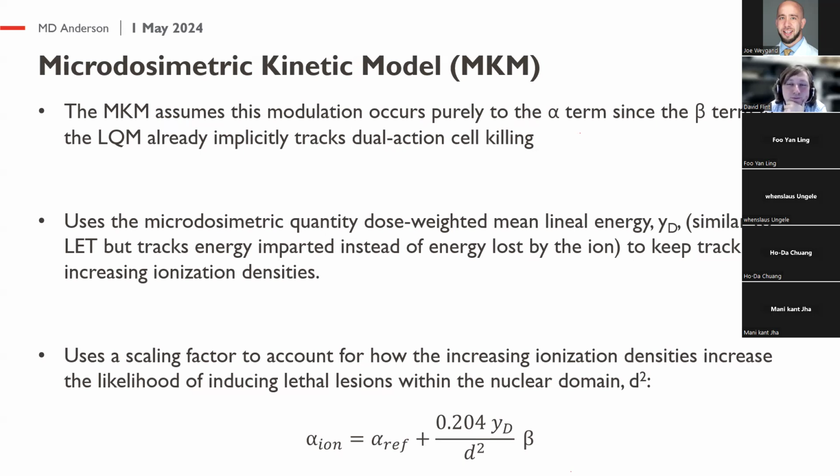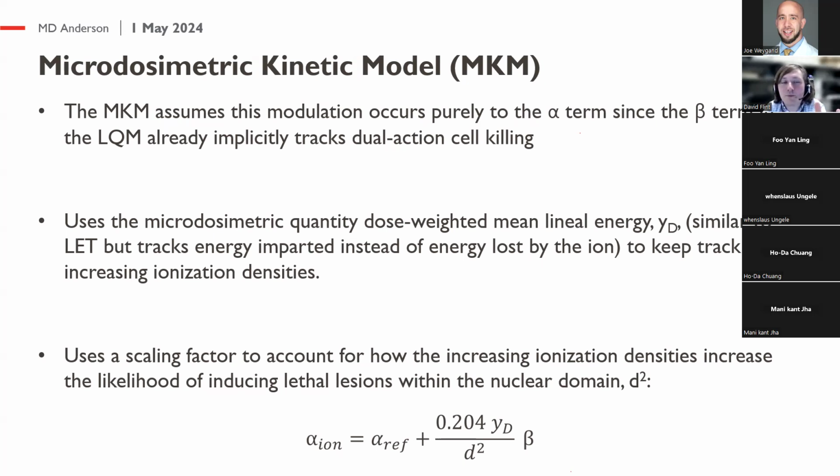So what's the reasoning behind this formulation? If you look at this equation, you're basically making an argument that as you increase the ionization density over some small volume, the probability of getting dual action cell kill, which is what beta governs, increases. But since these ionizations are induced by a single particle track, or simply because the lesions themselves are lethal, you can think of this as a single action cell killing event.